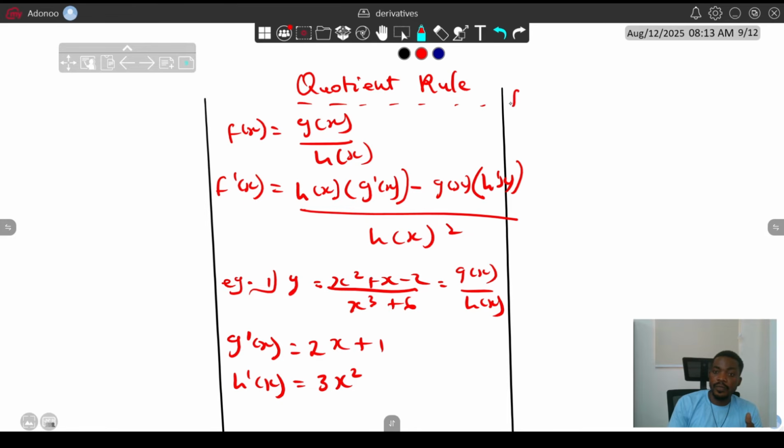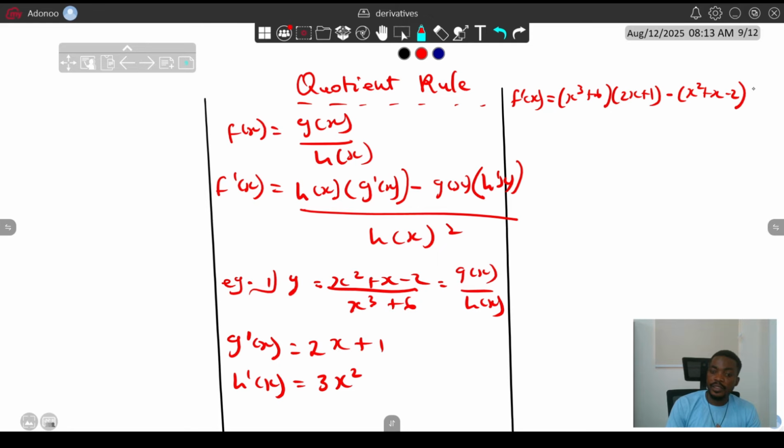So we have f prime of x equals, what is h of x? H of x is x cubed plus 6 times g prime of x. G prime of x is 2x plus 1 minus g of x. So what is g of x? Our g of x again is x squared plus x minus 2 times h prime of x.